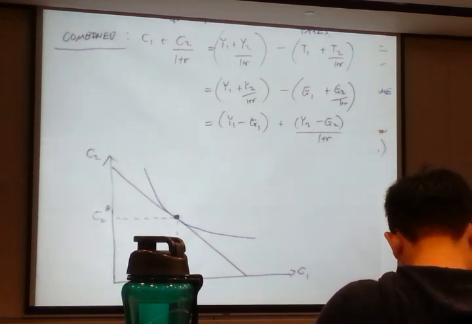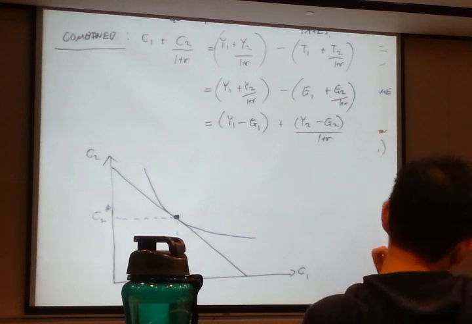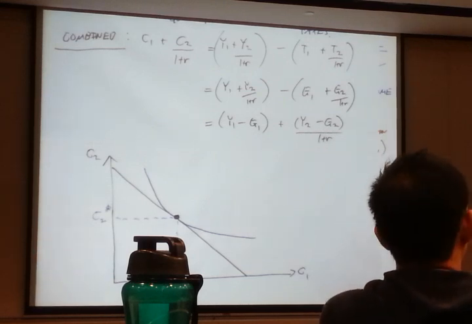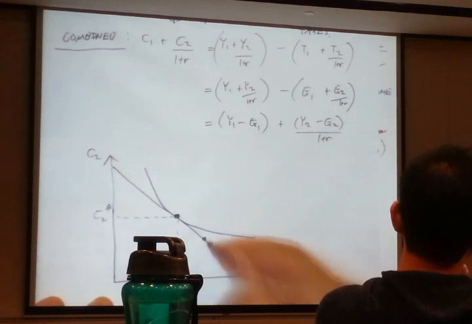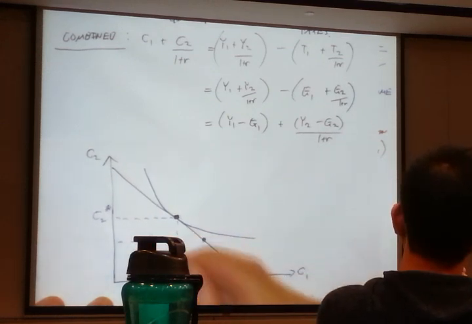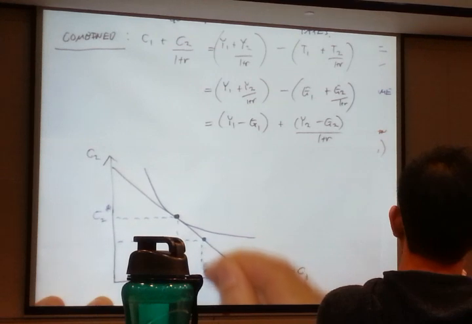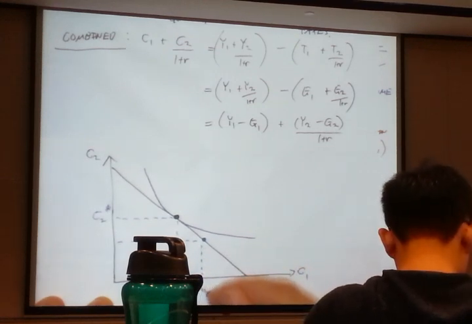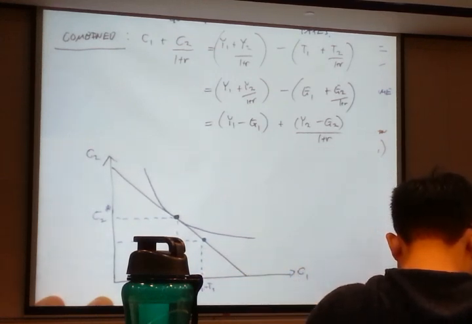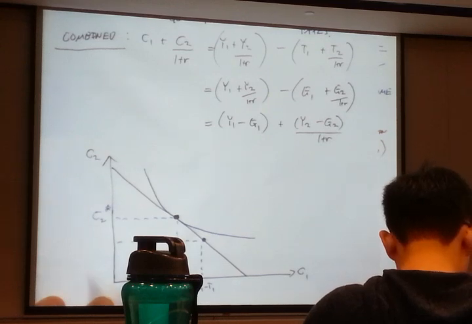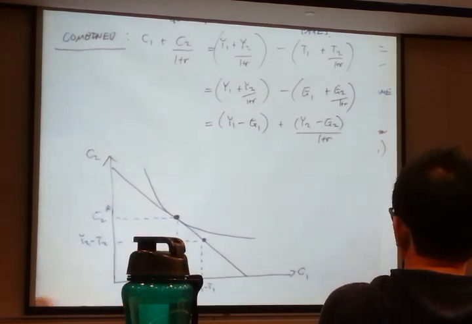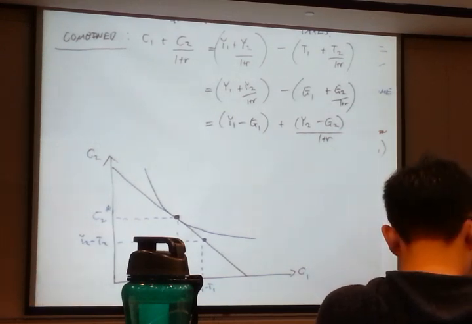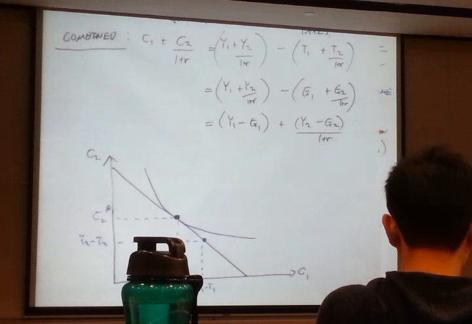Now the position of that budget constraint, as I've just told you, depends on income. That's the horizontal coordinate, current income. The vertical coordinate is future income. When there are taxes, that has to be disposable income.